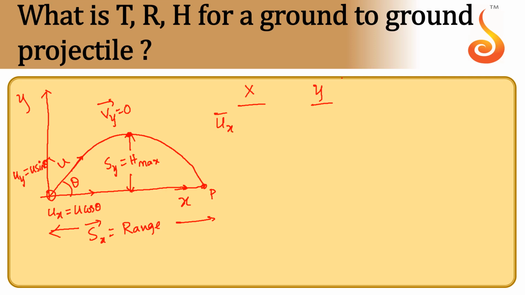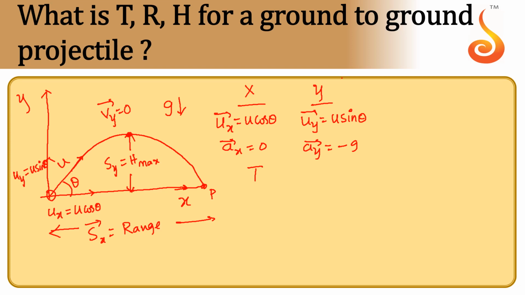Initial velocity along x direction is u cos theta, and acceleration along x direction is 0, whereas initial velocity along y direction is u sin theta, and acceleration along y direction is minus g, because acceleration always acts in the downward direction. And time is the same for both of them.